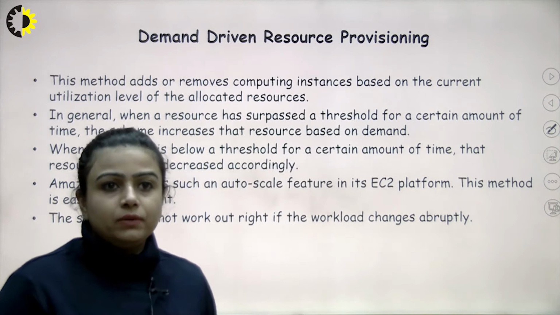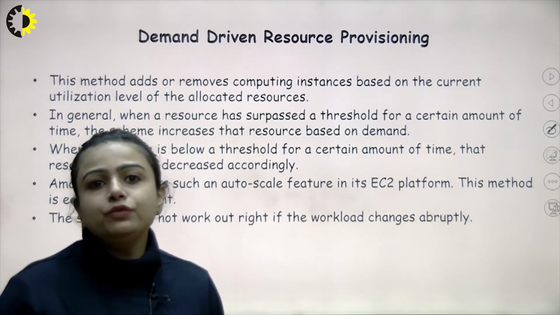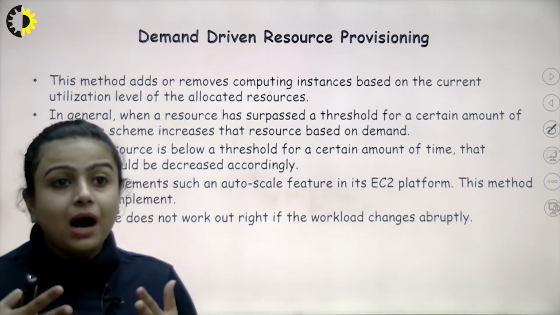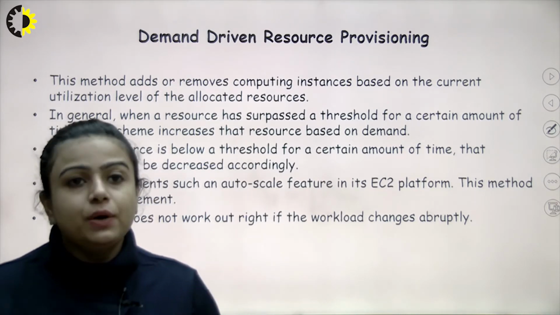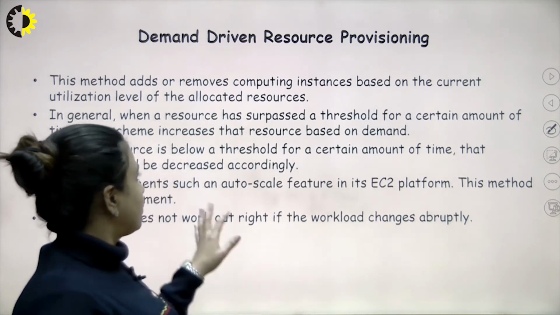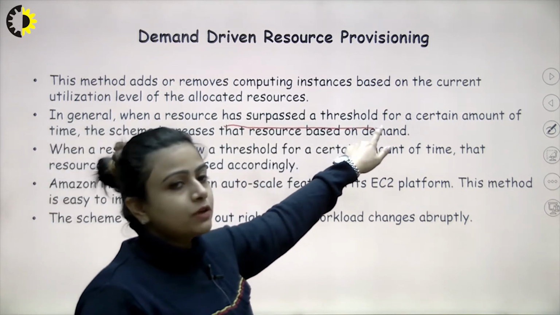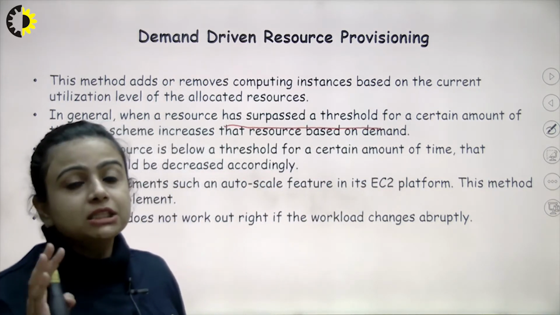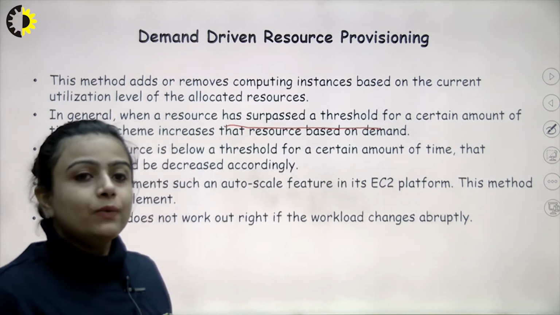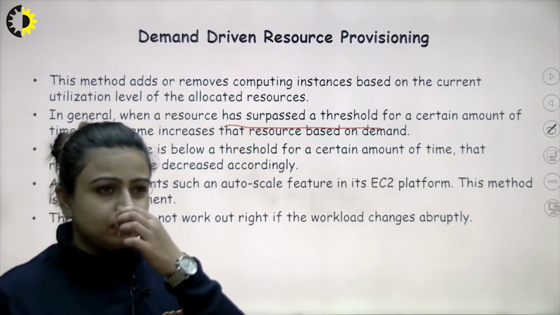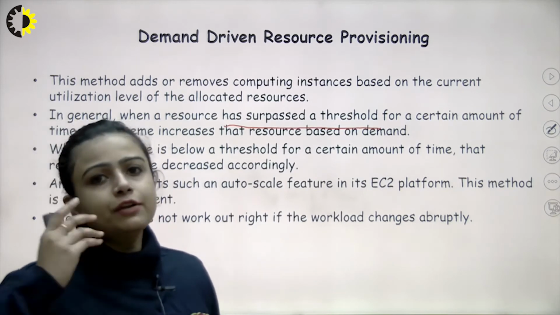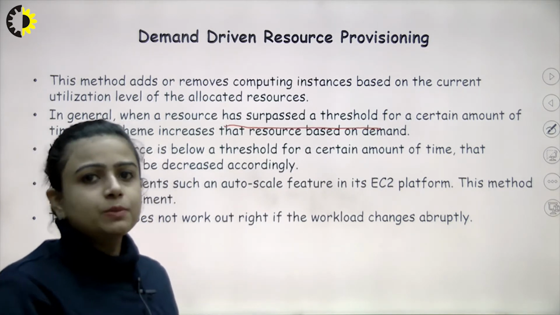Number 2, whenever a resource has surpassed a threshold for a certain amount of time, the scheme will either increase that resource based on the demand, or decrease it whenever there is a sudden drop, or the traffic is not interested in using the popular services, or maybe a different kind of software has appeared or some other platform is providing those services.